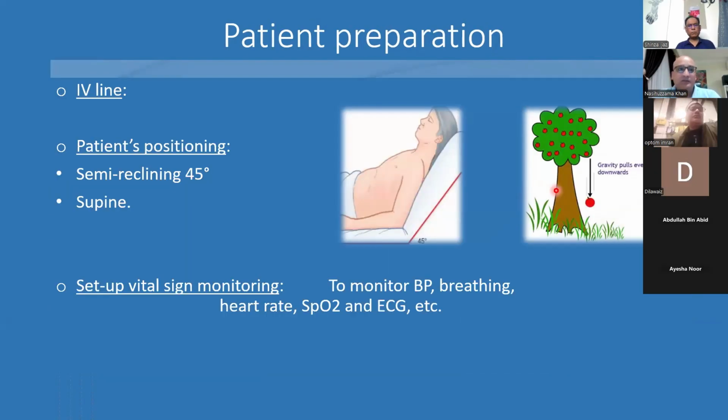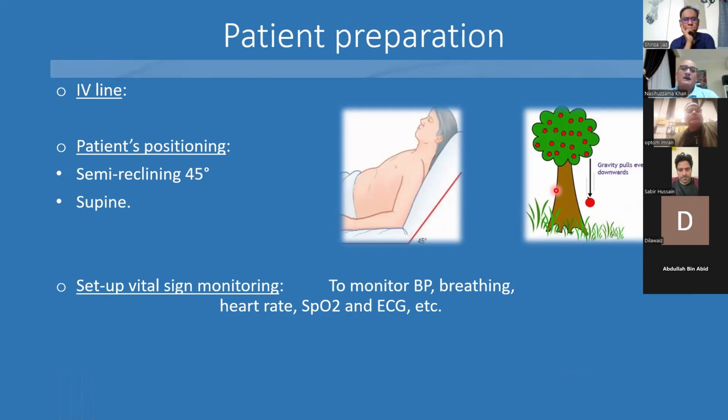Patient preparation: IV lines, of course, for fluid and for drugs. Patient's position: semi-reclining position, 45 degrees is recommended. If the patient cannot tolerate this semi-reclining position, we can go for supine as well.